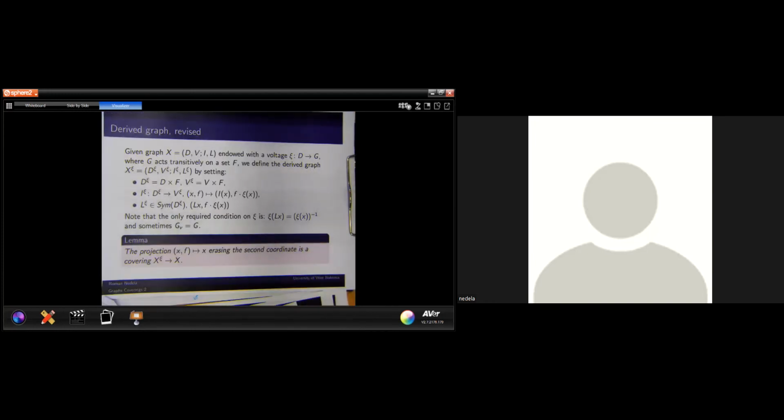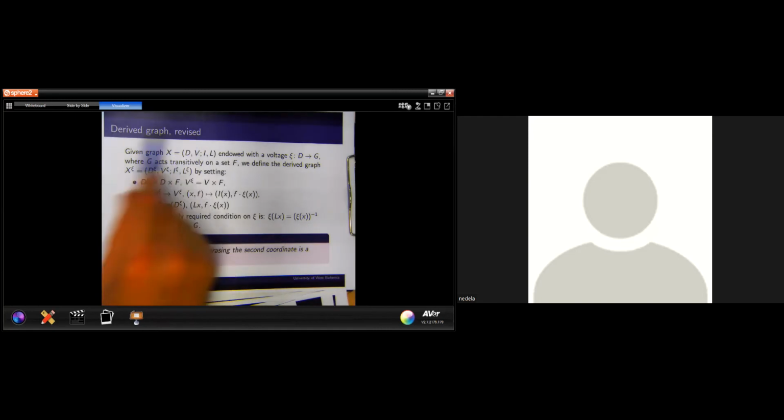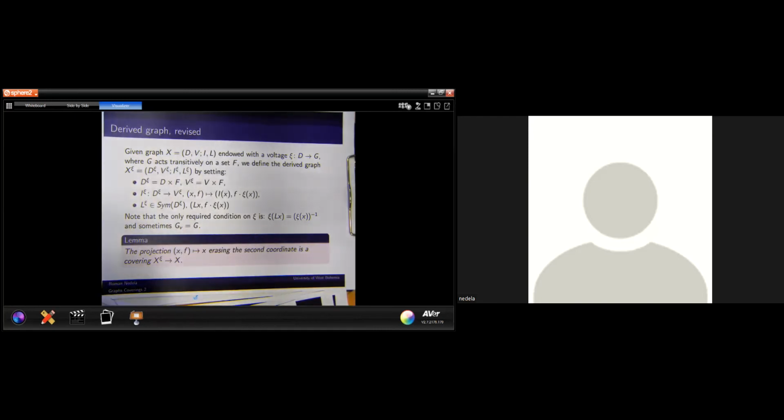Okay, so now we can define in a uniform way the derived graph. So this is a very combinatorial approach. We have a small graph and we want to define a large graph covering the small graph. Why this?